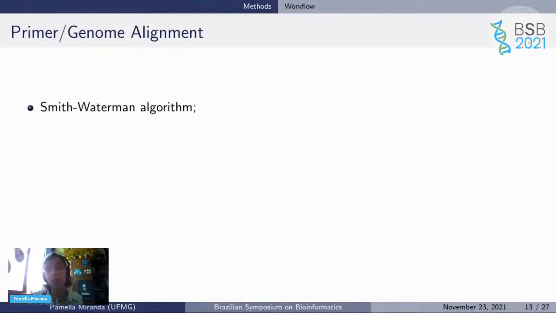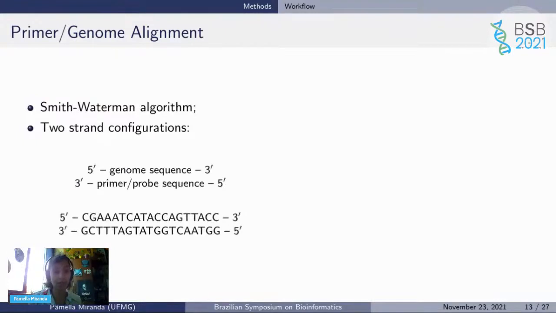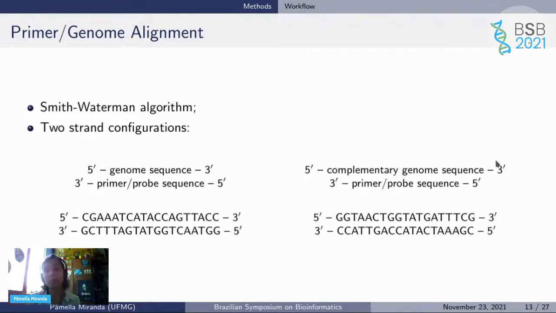The first step of our workflow is to align all primers against all genomes using the Smith-Waterman algorithm and considering two strand configurations. One is the genome sequence, like in a FASTA file, and the other one, the complementary genome sequence.